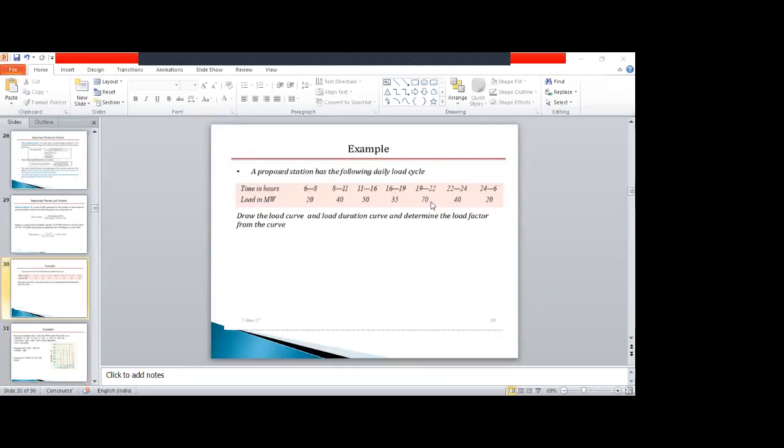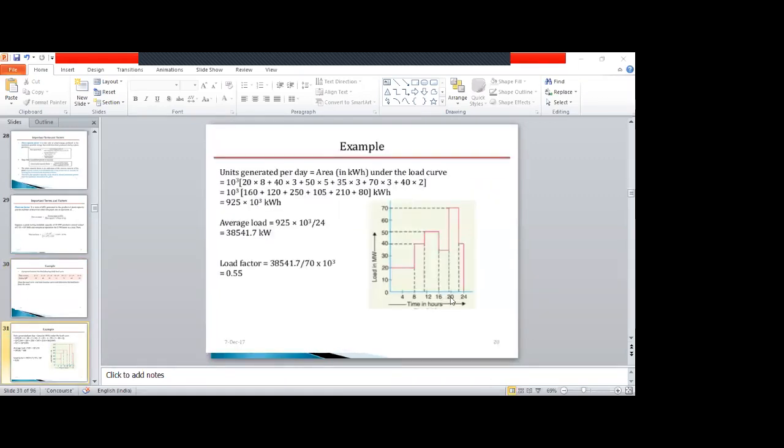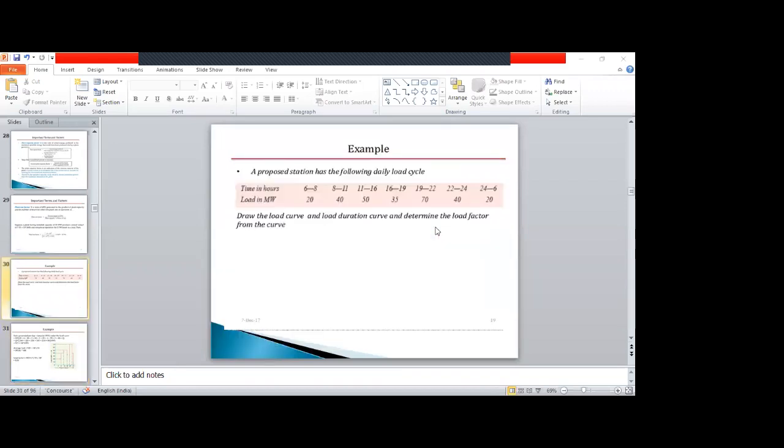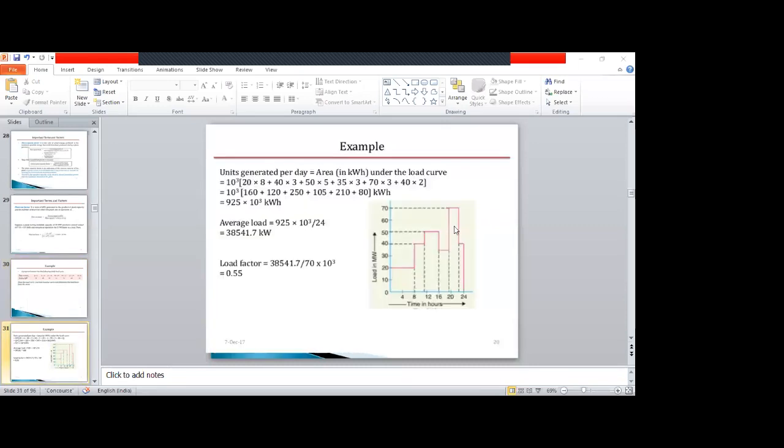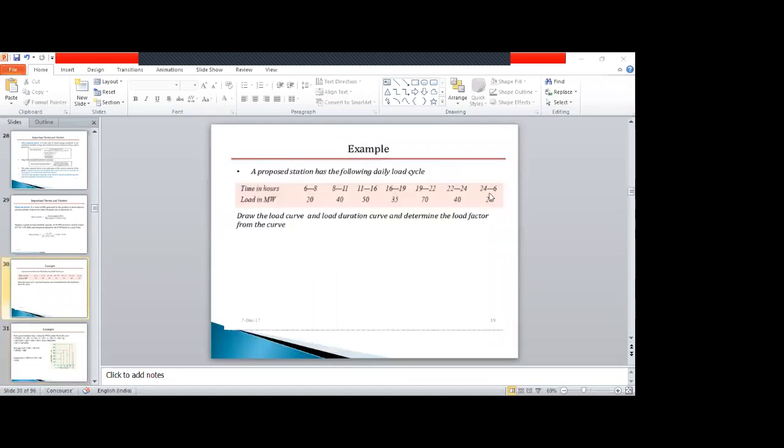Then 19 to 22, 70 megawatts. Then 22 to 24, 40 megawatts. Then 24 hours, that is at 12 a.m. midnight, midnight to 6 a.m. morning, 20 megawatts.